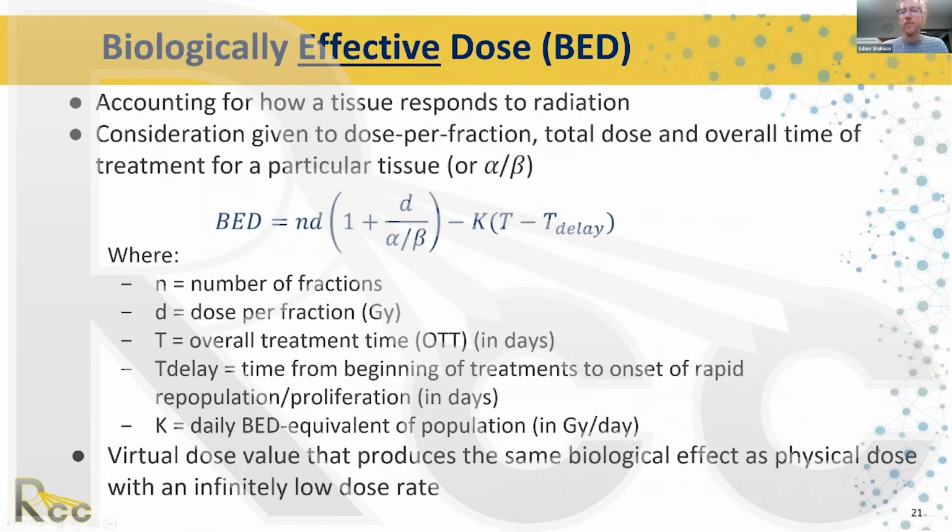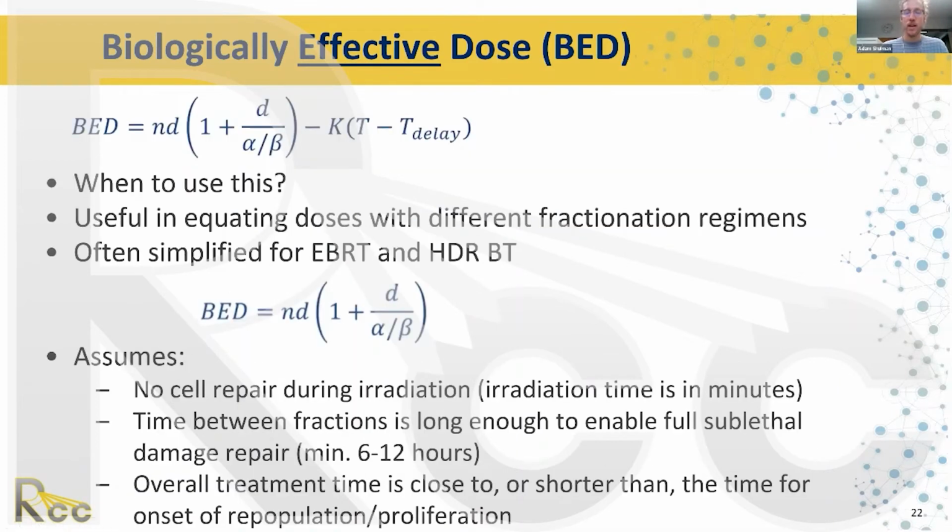So if you've been treating for 3 weeks and your T delay was only 2 weeks, then you got 1 week times this K factor. This would be something in gray, which shows the loss of dose to the tumor through just proliferation of that tumor. And I think it will make more sense as we go further.